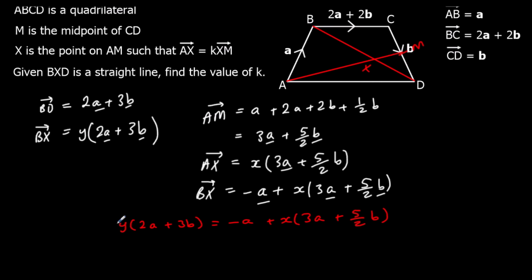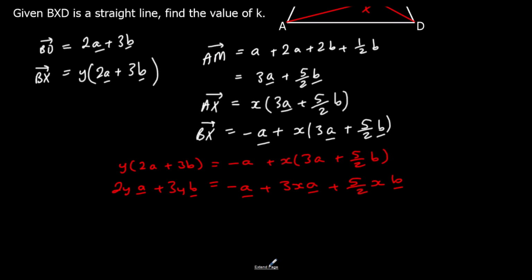And if we expand the brackets, we've got 2ya plus 3yb equals negative a plus 3xa plus 5 over 2 xb. So we can split out our a and b terms.